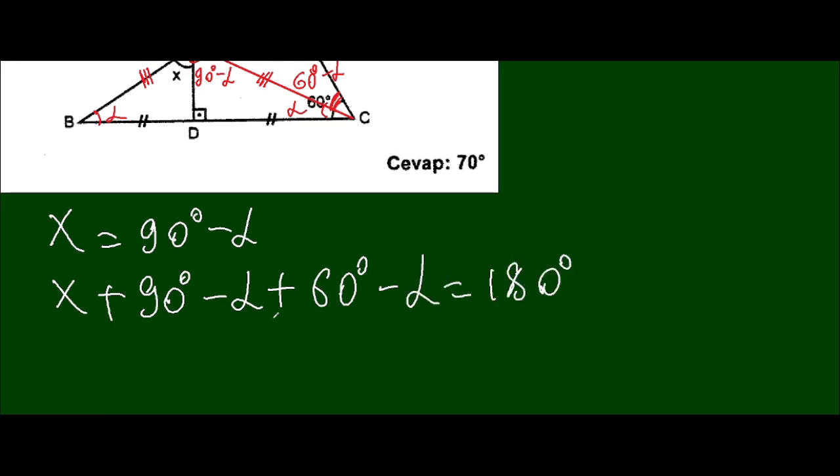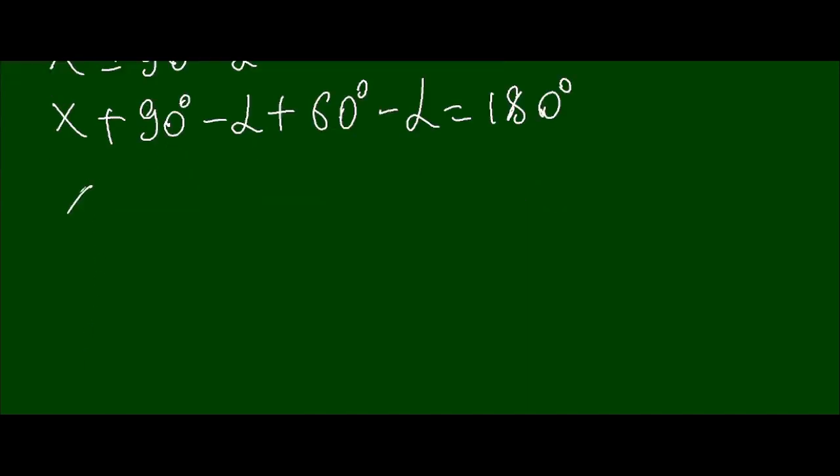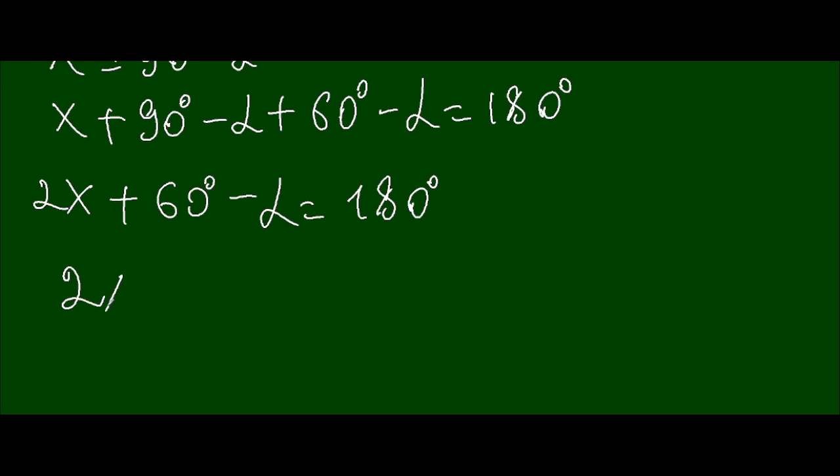One of the most interesting things is that this equals x. We can plug in x, and it will be 2x plus 60 degrees minus alpha to give us 180 degrees. Here 2x minus alpha will be equal to 120 degrees.